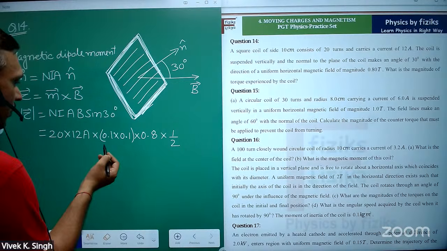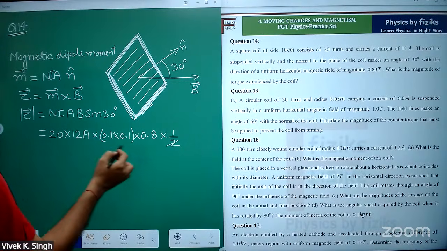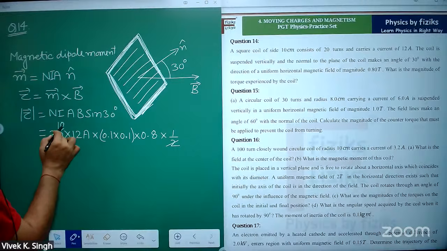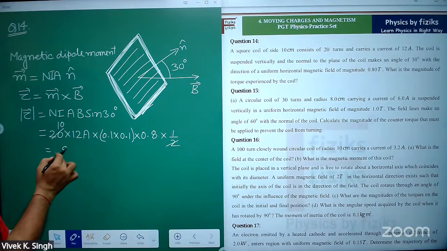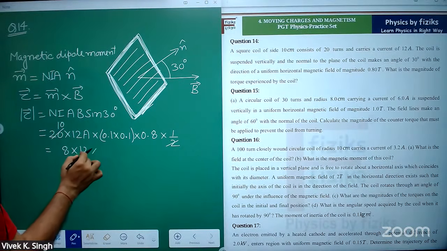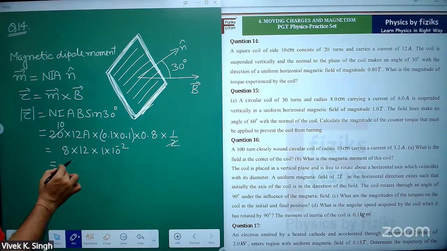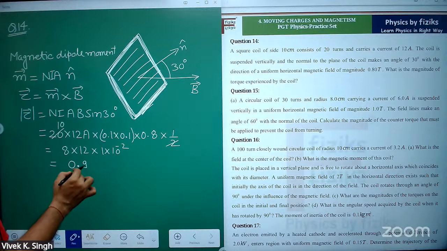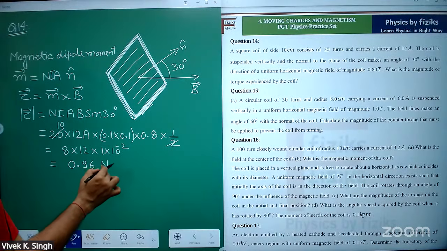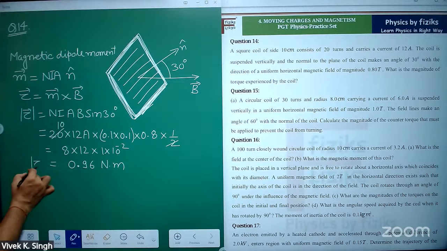So what will be this value? This will be 10 times 8 into 12 into 1 into 10 to power minus 2. So 0.96 Newton meter. ठीक है? This will be the torque.